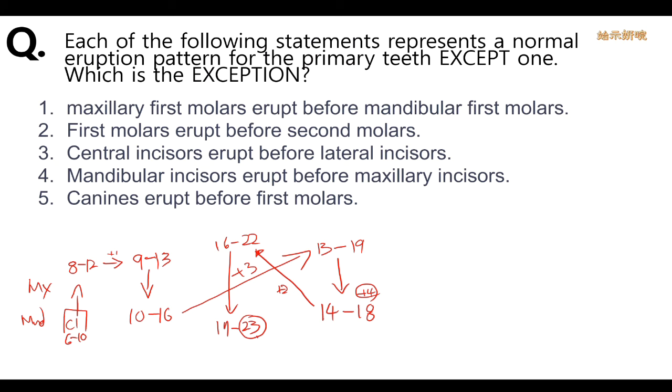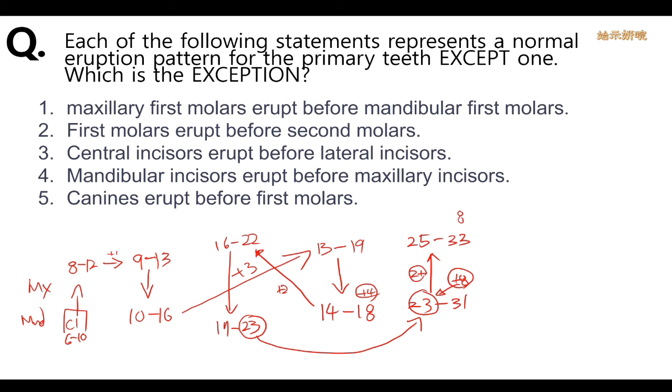And this 23 number could be transferred to the primary second molar of the mandible. Since it is a big brother, we add plus 8 to this number, so it becomes 31. And now it is time to go upward, so we add 2 to this, so that 23 could be 25, and we add 8 again to this number, so it becomes 33.